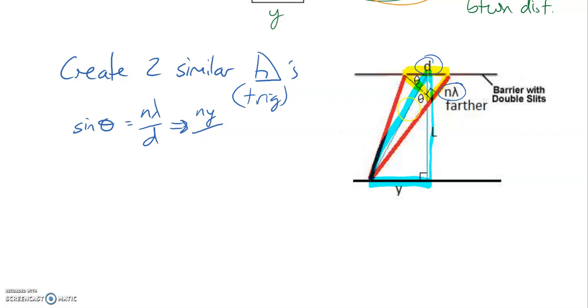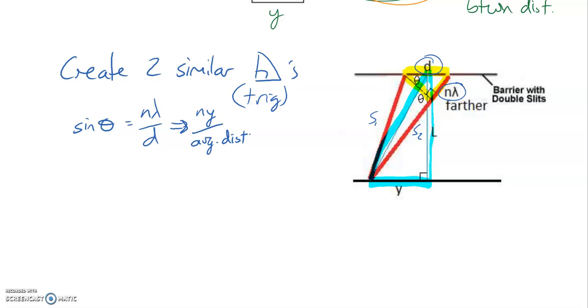Now the hypotenuse is actually the average distance. It's the average of the distance from source 1 and the distance from source 2. So the hypotenuse is the average distance the light goes. Now we've connected the two triangles, and the different properties and measurements together.